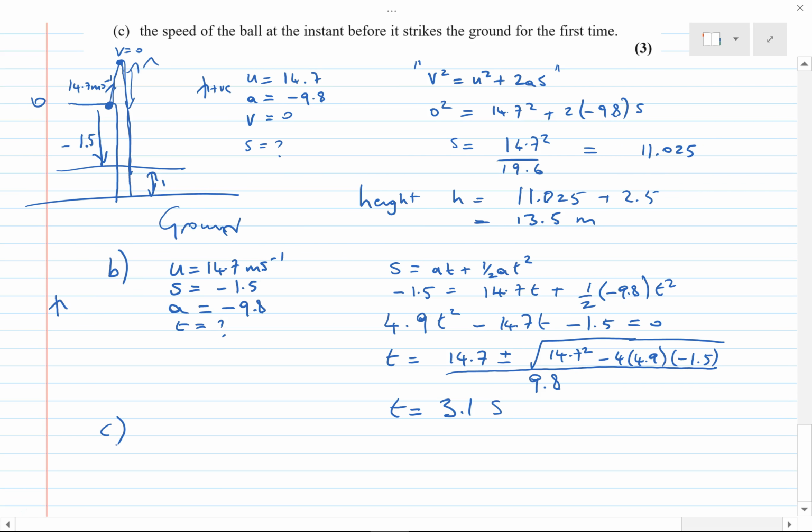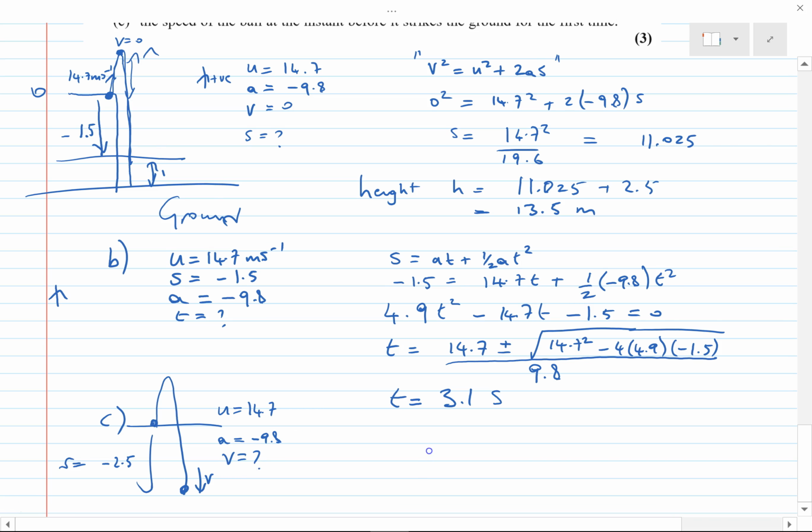Okay, so one part to come now. The speed of the ball at the instant it strikes the ground. So we want the speed it hits the ground there. So now we're going to take displacement as minus 2.5, and we've got a is equal to minus 9.8, s equals that, u is equal to 14.7, and v equals question mark.